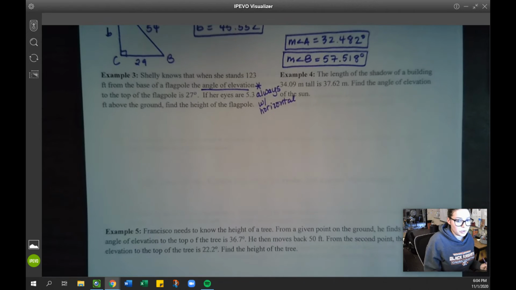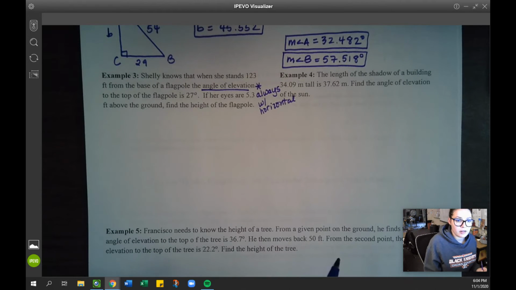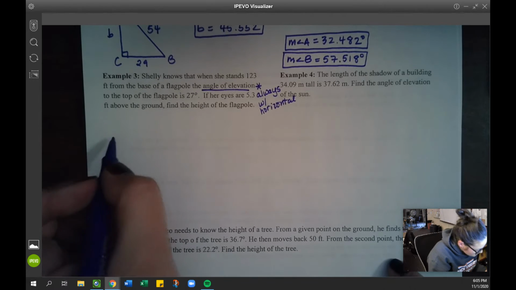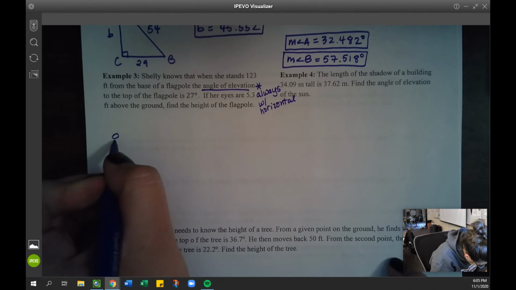Always with the horizontal. So this is the angle compared to if she's looking straight ahead of her versus her angle looking up. So here's Shelley.